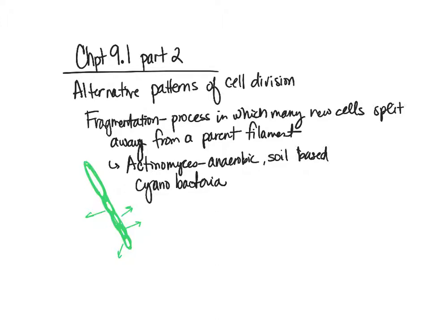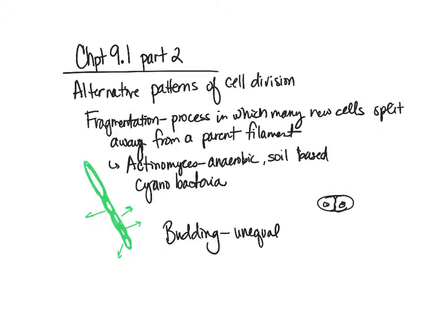The second one that you should know or be aware of is called budding. So in budding, this is where we have a reproductive division, but it's unequal. And so then this smaller cell is going to detach from a parent cell. So if we think about binary fission, remember in binary fission we had the one big cell that then split into 2, and then we had the 2 cells that were pretty much equal in size.